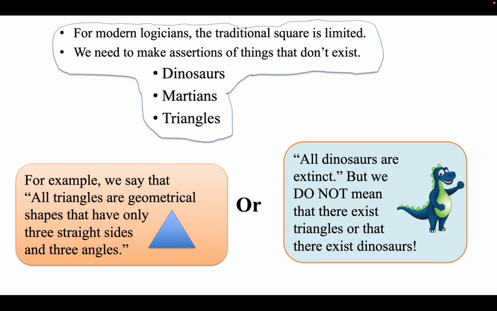Well, we know that triangles don't really exist. There are things that resemble triangles, but nothing really has 3 exactly straight sides and 3 angles.